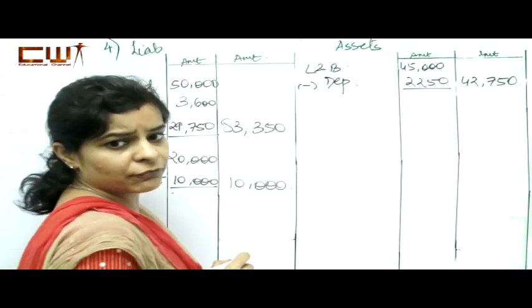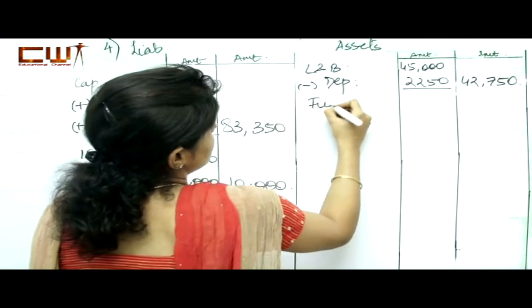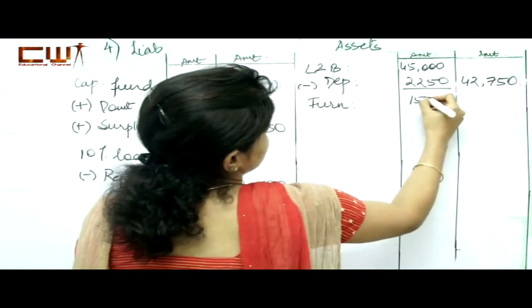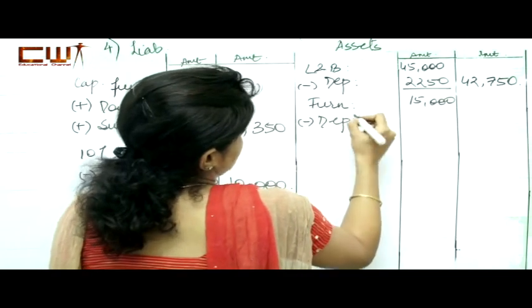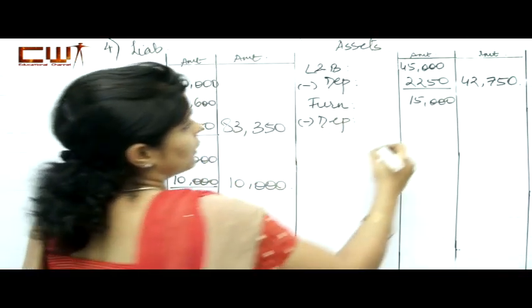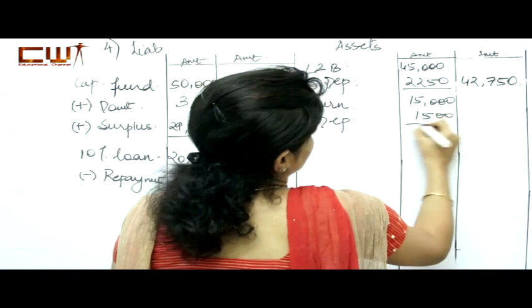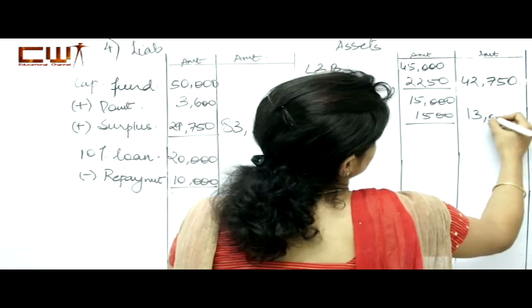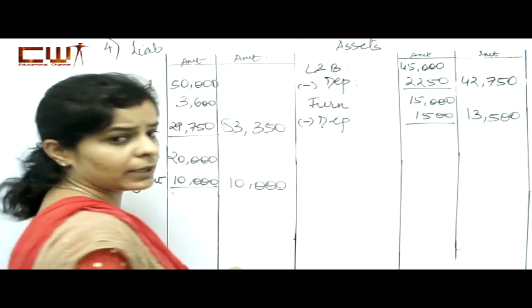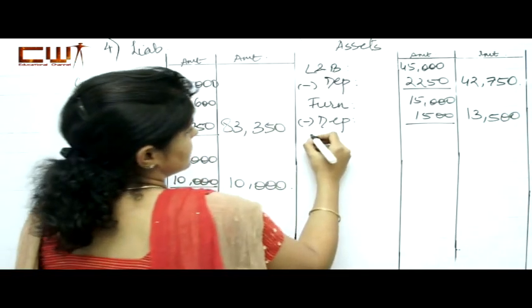Right? Then you have the furniture. How much is the furniture? Furniture is 15,000. Then you subtract the depreciation out of it. What is the depreciation amount? 1,500. Right? 15,000 minus 1,500 will be 13,500. Right? Next thing is the investments.